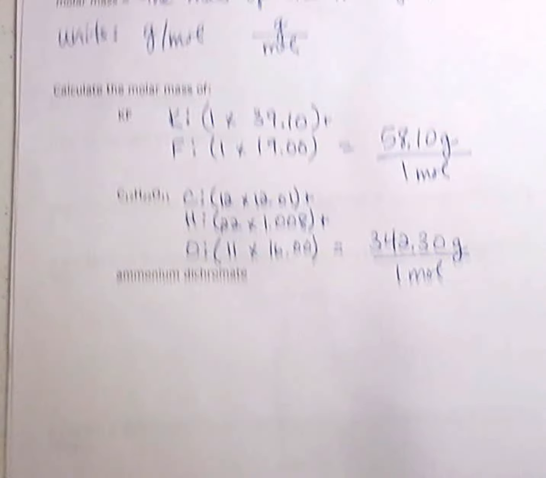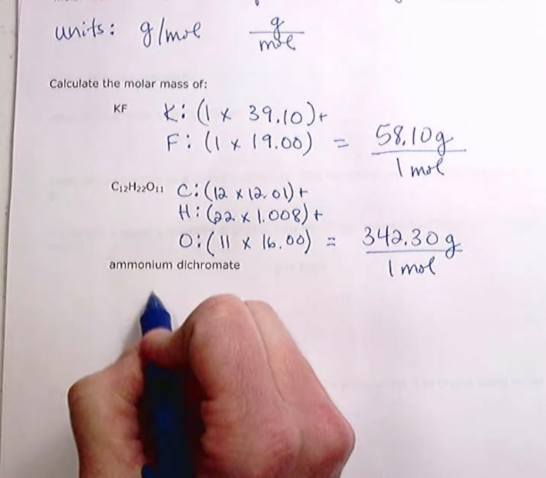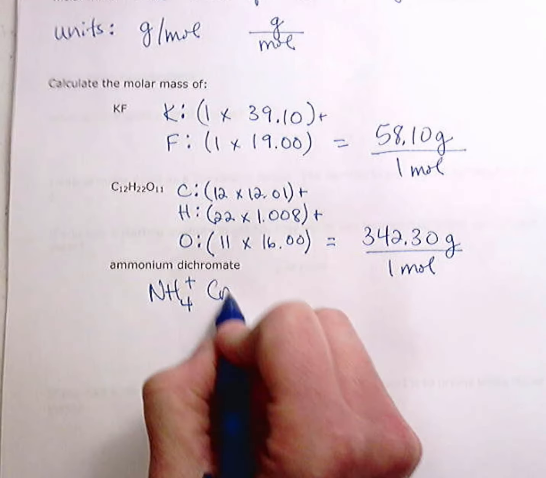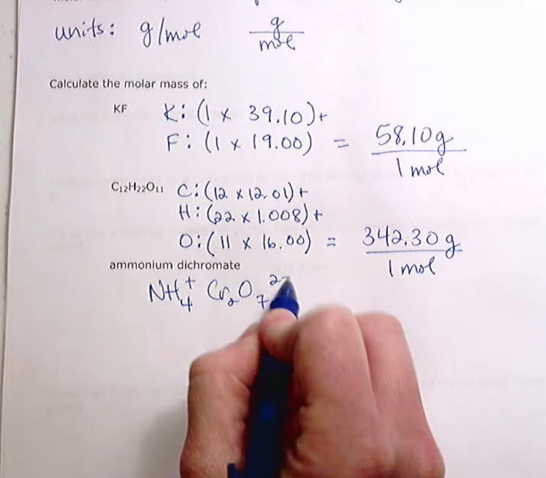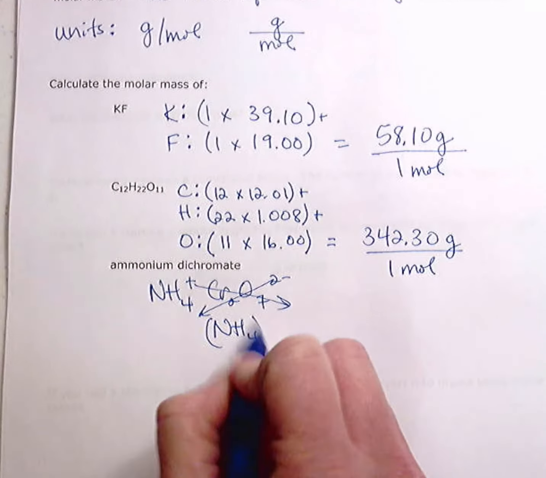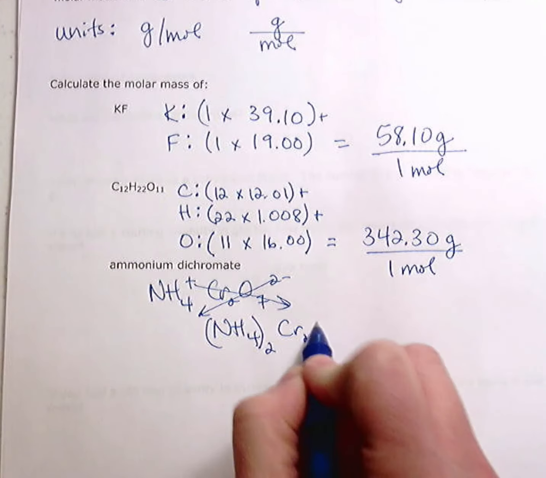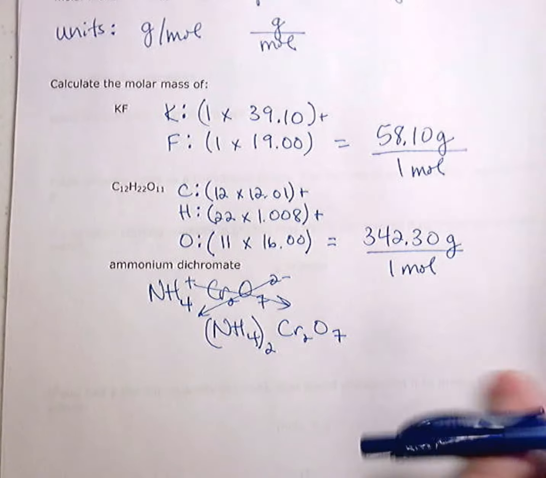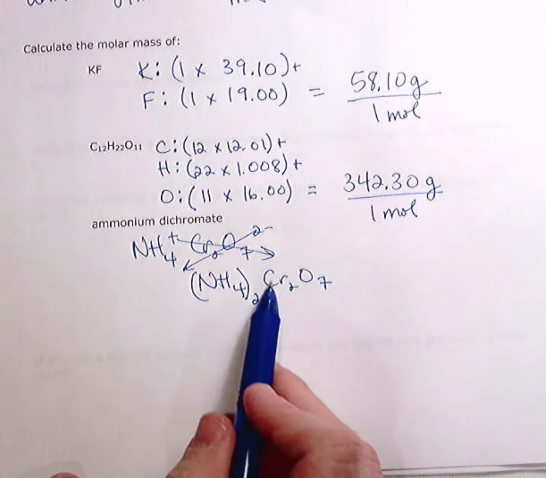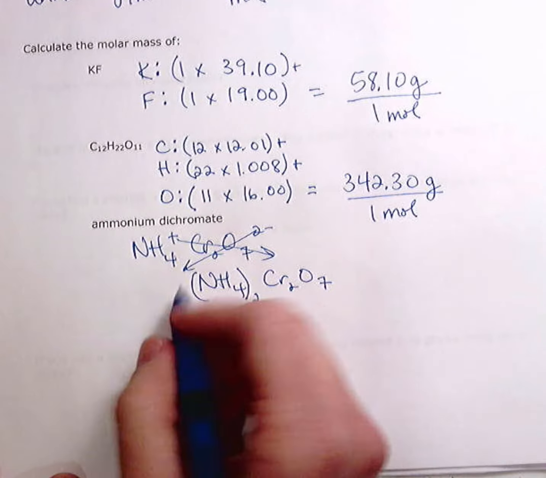Okay, and the last one, ammonium dichromate, ammonium NH4 plus, dichromate Cr2O7 2 minus. So our formula will be (NH4)2Cr2O7, and so we've got nitrogen, hydrogen, chromium, and oxygen.